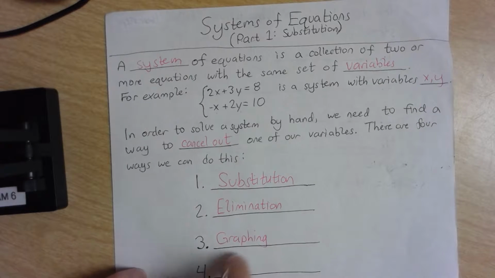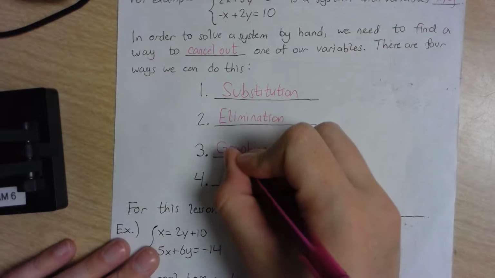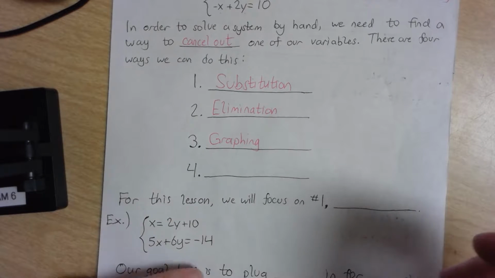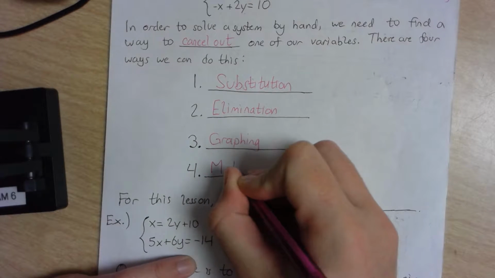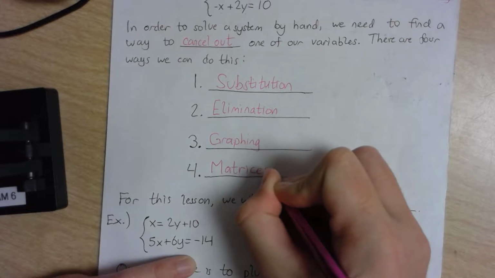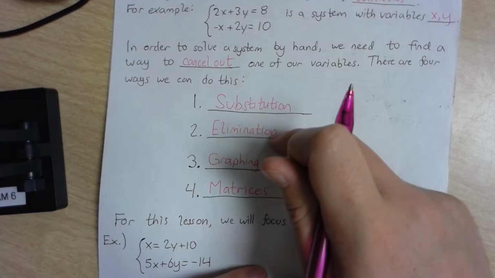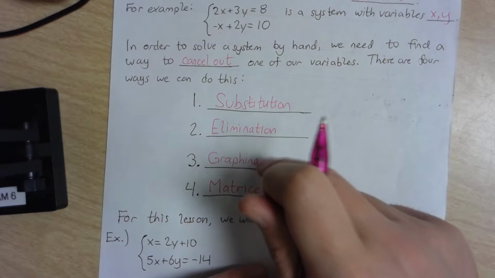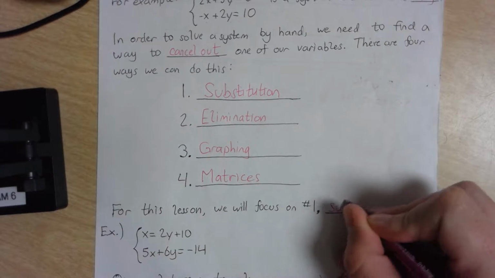That's something I advise against doing unless you have a calculator, because otherwise you're just eyeballing it. And then last was matrices. That's something we won't be going over in this class. Don't worry too much about that one. I'm pretty sure we're just going over these two, 1 and 2, and then kind of graphing as well. But for this lesson we're focusing on number 1, substitution.